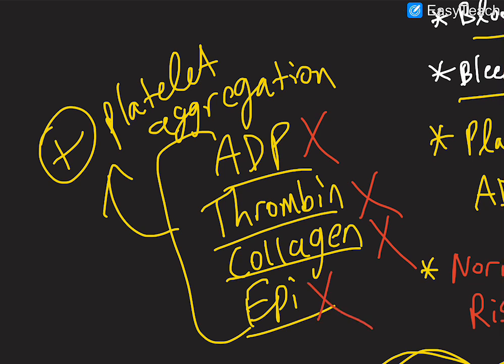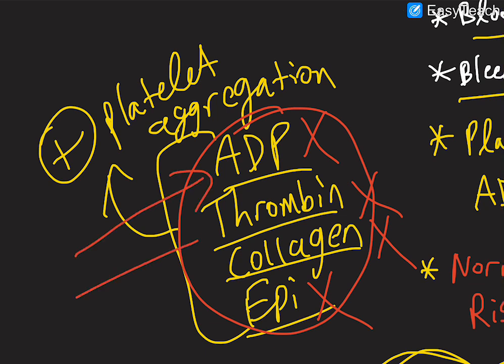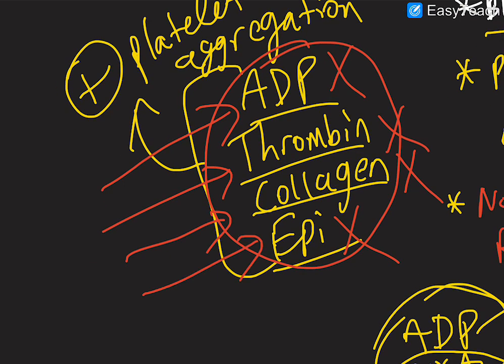Because all of these things help induce the expression of glycoprotein 2b3a, but you have an autosomal recessive mutation where you don't produce glycoprotein 2b3a, or you produce defective glycoprotein 2b3a. So even if you give these things, you don't have functional glycoprotein 2b3a present on your platelet. No matter how much you give ADP, thrombin, collagen, epinephrine, you can't do platelet aggregation. So you're going to see no aggregation.